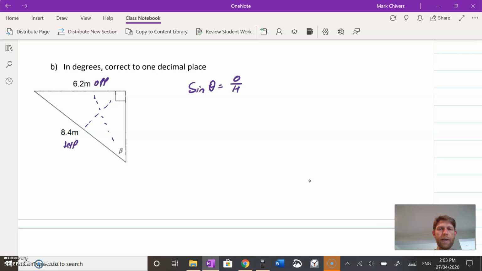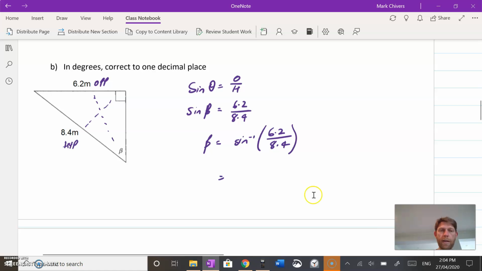Same as if we're finding a length, just still start with what you know and then substitute in. So in this case, the angle that we don't know is called beta, and the opposite is 6.2, and the hypotenuse is 8.4. So therefore, beta must be sine to the minus 1 of 6.2 over 8.4, and we plug that into our calculator.